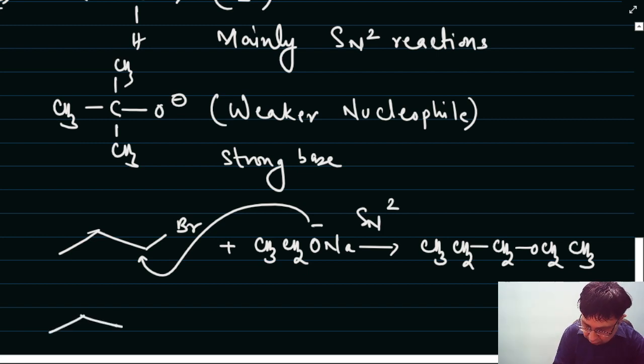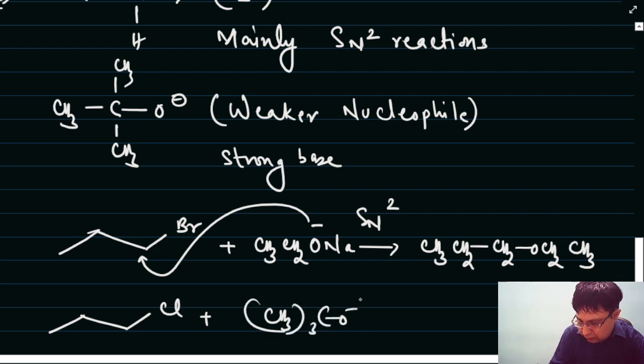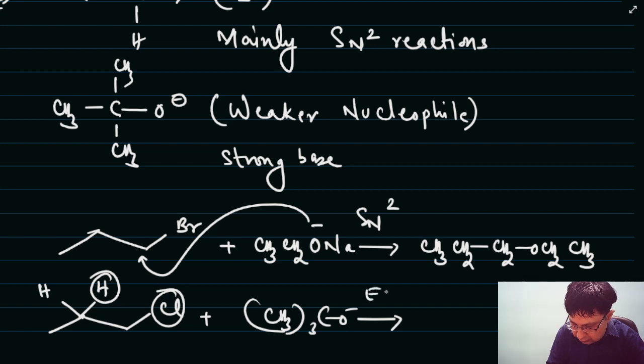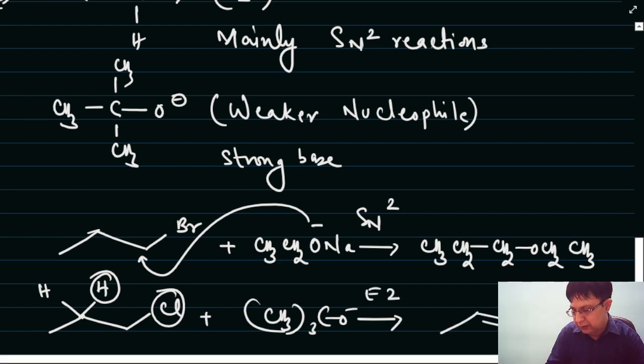अगर मैं strong sterically hindered ion लेता हूँ, जैसे कि tertiary butoxide ion लेंगे, so we know that it is a weaker nucleophile, but it is a good base. So it is capable of causing elimination, और elimination कराने के लिए बीटा पोजीशन से हाइड्रोजन को निकालना होगा और ये Cl. So the product is formed by the E2 mechanism and the product formed is propene over here.